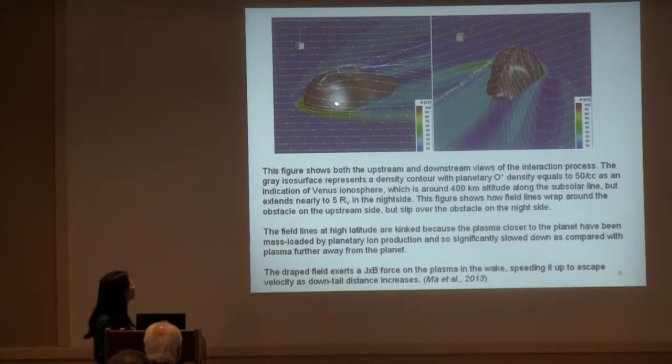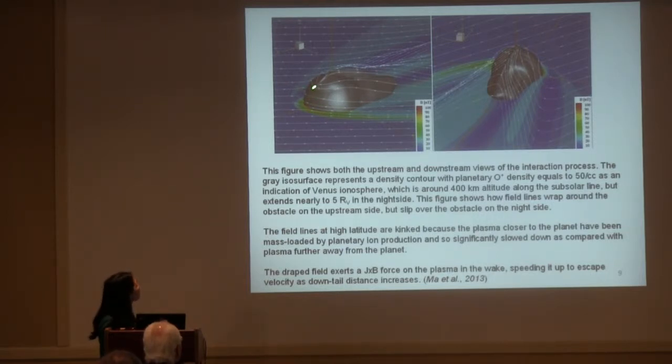This gray iso-surface represents a density contour with a planetary O+ density of 50 per cubic centimeter, as an indication of the Venus ionosphere.